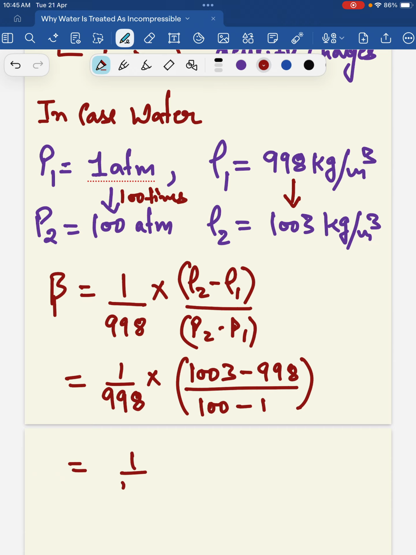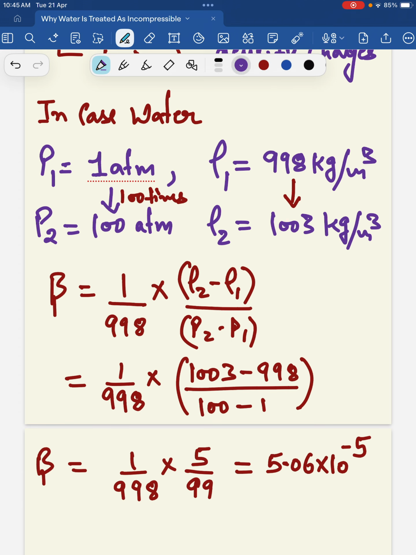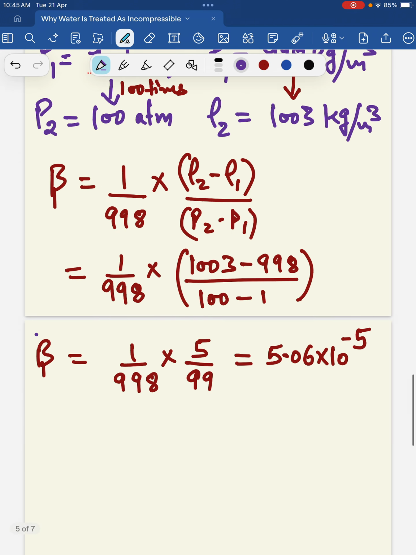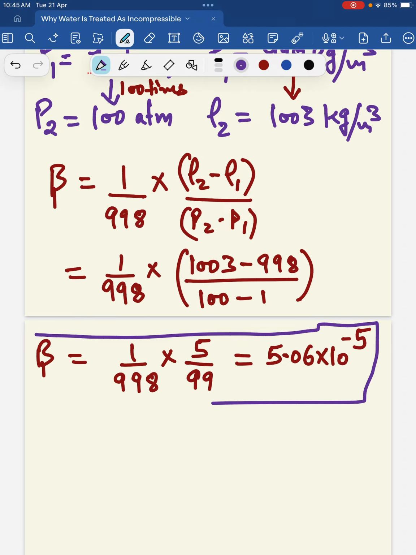That is 5 divided by 99. If you solve this you will get around 5.06 into 10 raised to the power minus 5, that is your beta. So you can have an idea that the change in density with increase in pressure is negligible, or you can say it is close to zero. So beta is nearly zero.